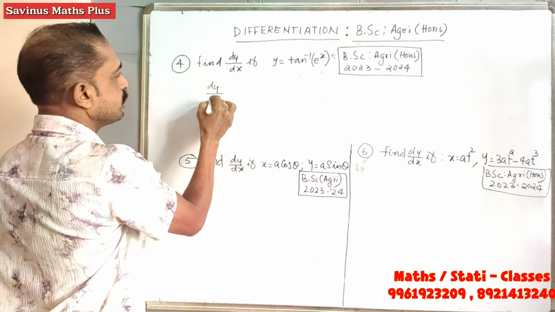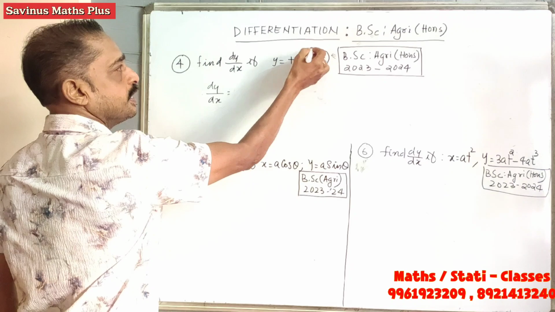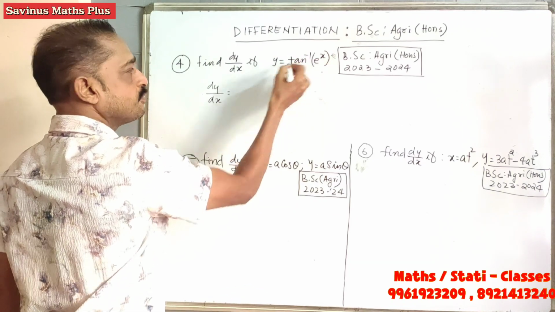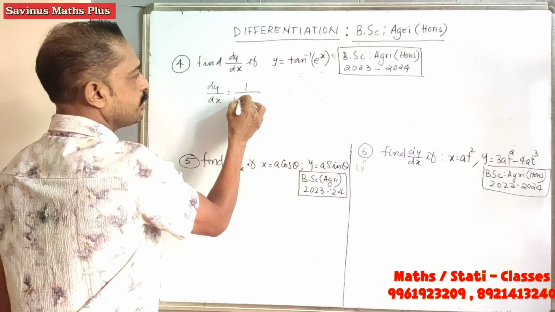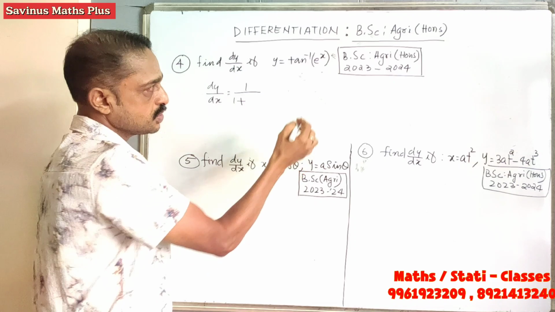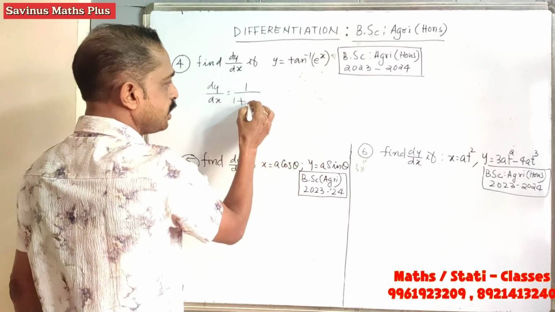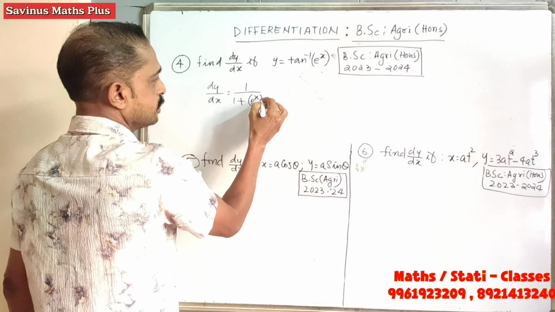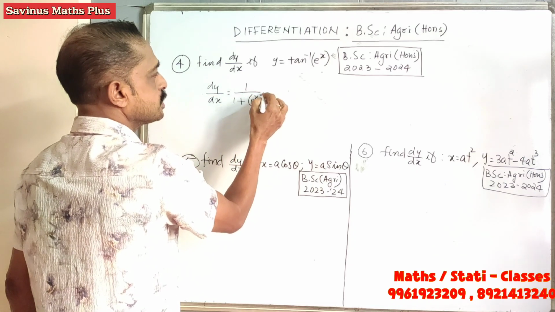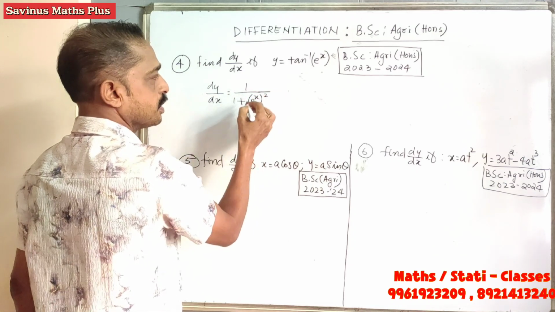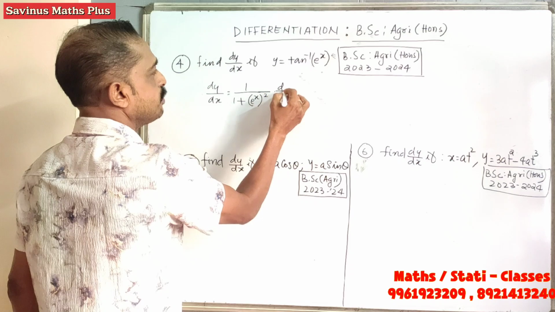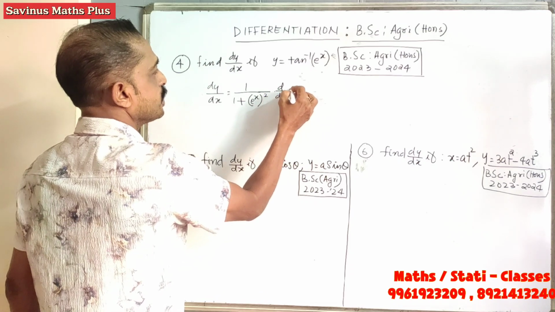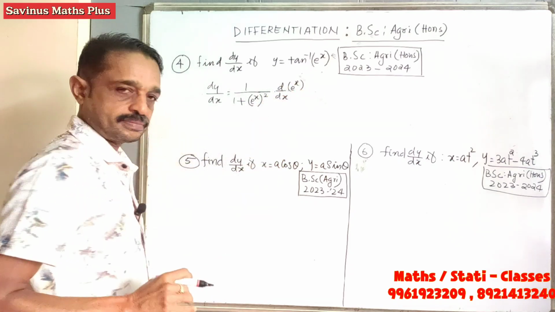Dy by dx will be, see, tan inverse of some function. Derivative of tan inverse x is 1 by 1 plus x square. So the derivative of tan inverse of any function becomes 1 by 1 plus the same function square, e raised to x whole square, into d by dx of the inner function, e raised to x. Isn't it?